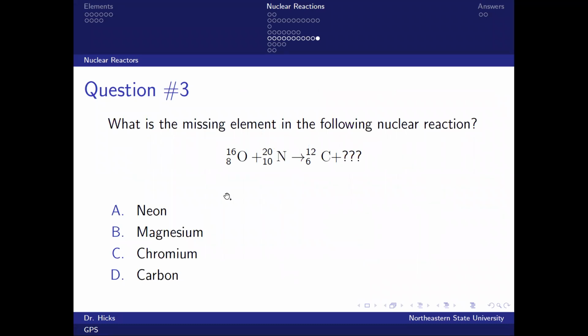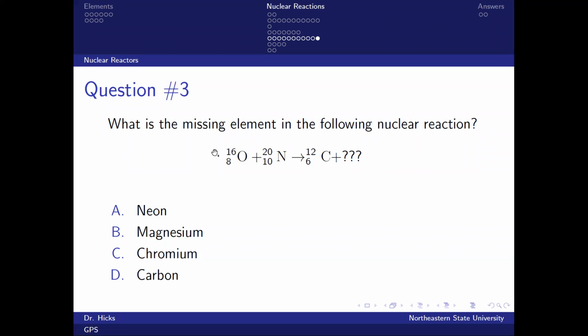Okay, so question 3, what's the missing element in this nuclear reaction? This is a nuclear fusion reaction, and I know it's fusion because I have 2 small nuclei coming together to make this nuclei plus some missing stuff.